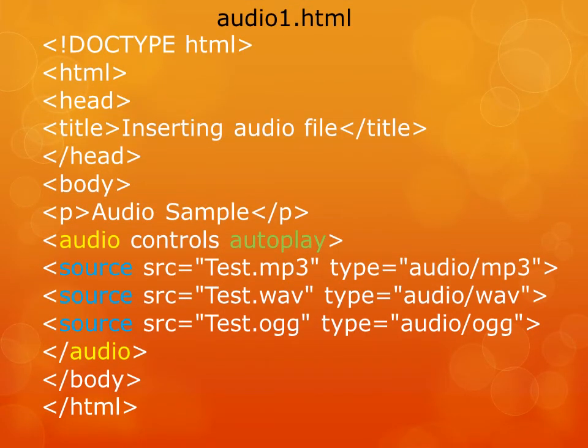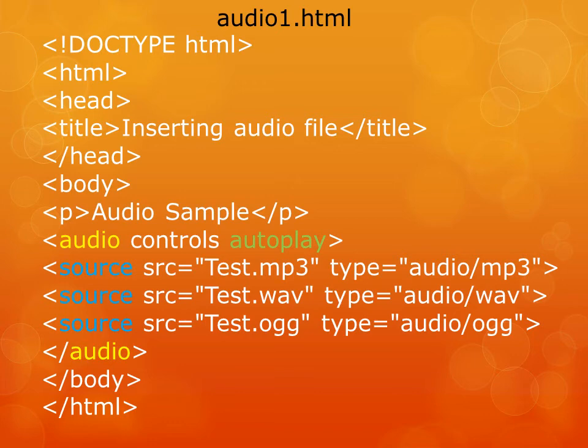In the second part, it will accept multiple resource files. So see here, in the body tag, it starts with the audio tag. Then controls, and then autoplay. Controls is used to display controls.